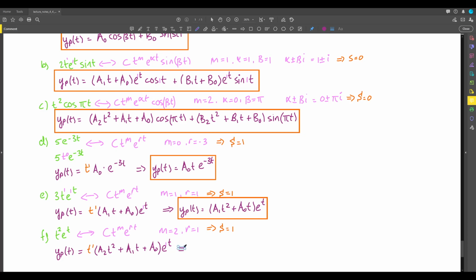And so yp of t is a2t cubed plus a1t squared plus a naught t times e to the power t. That's the form of the particular solution. And that concludes our video.